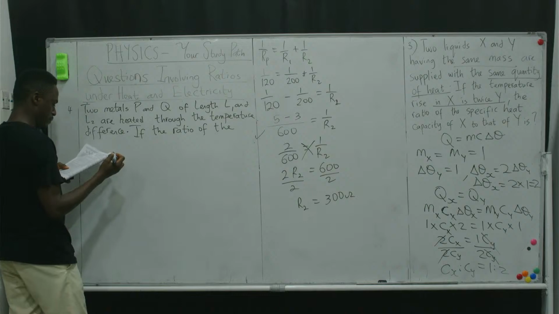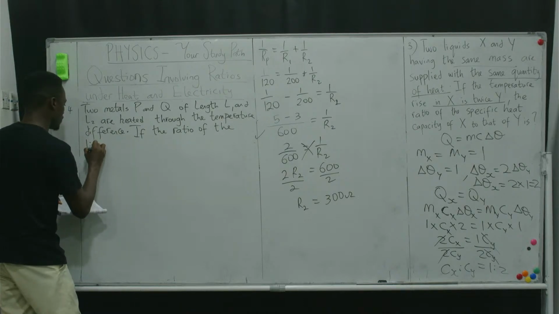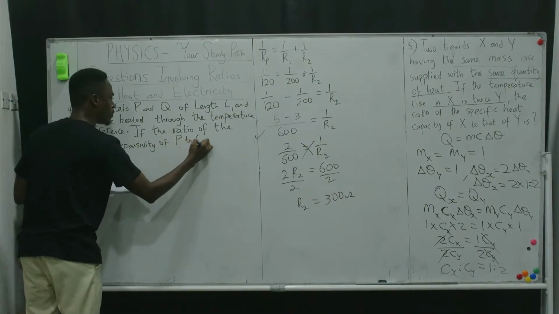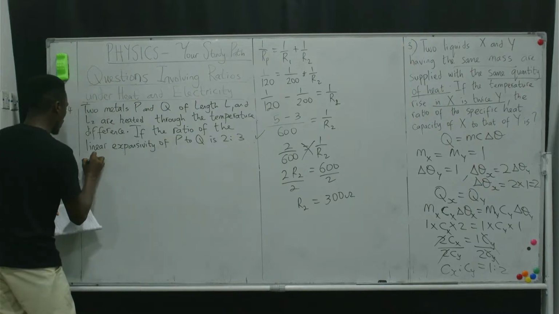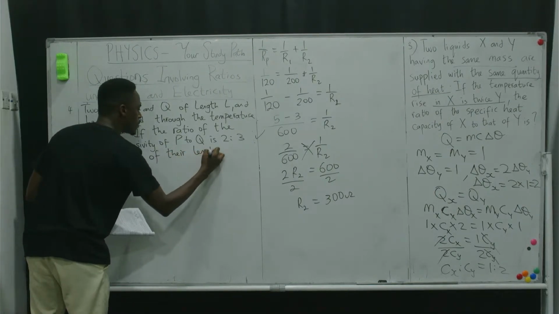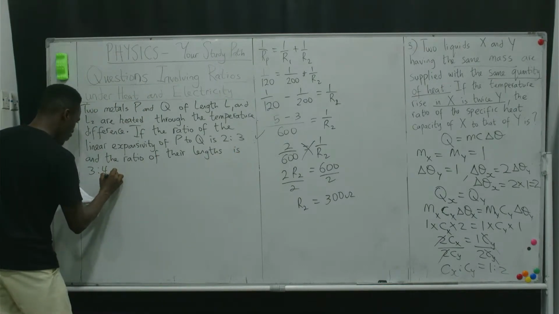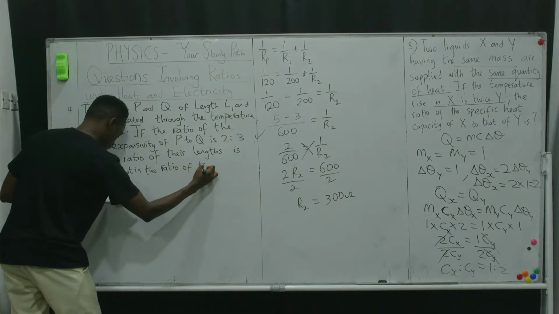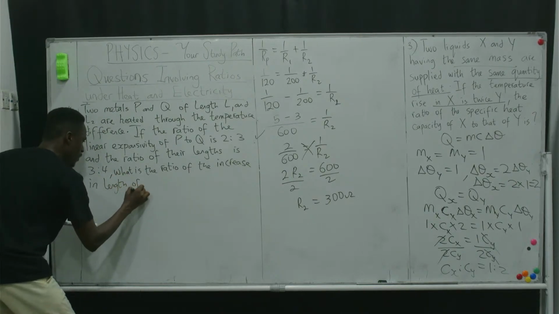If the ratio of the linear expansivity of P to Q is 2:3, and the ratio of their lengths is 3:4, what is the ratio of the increase in length of P to Q?